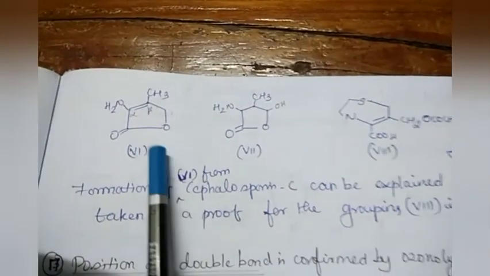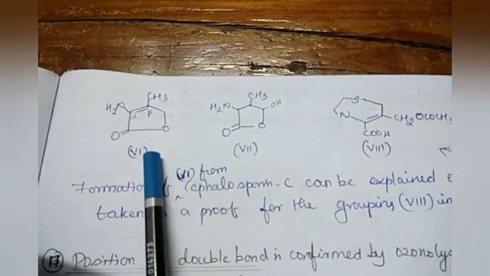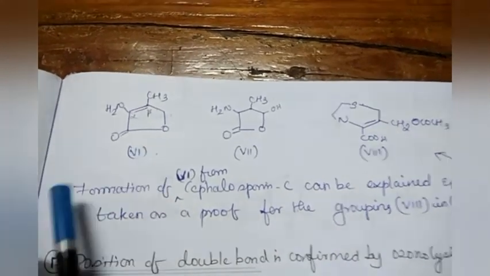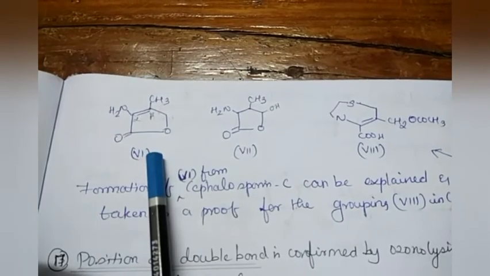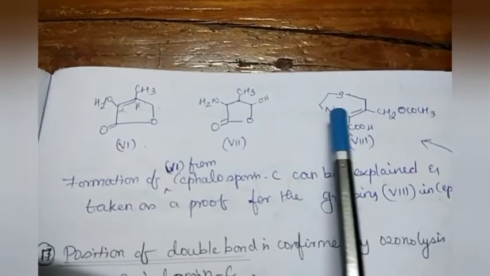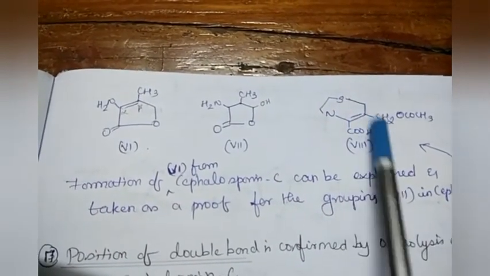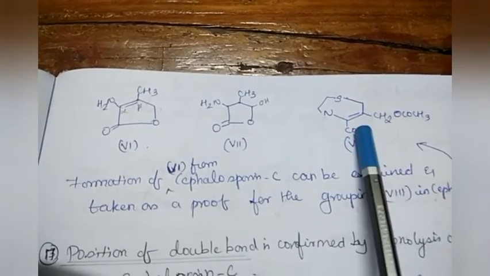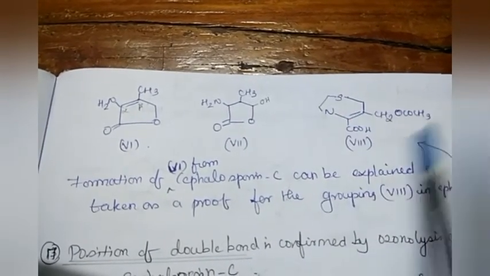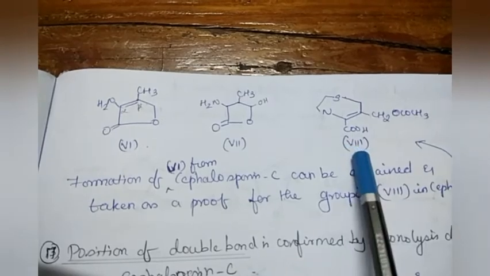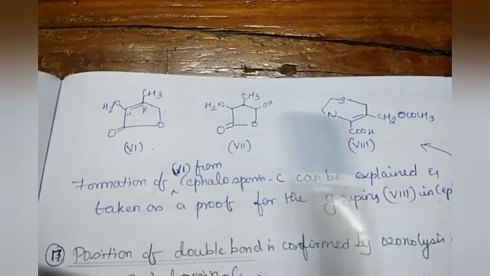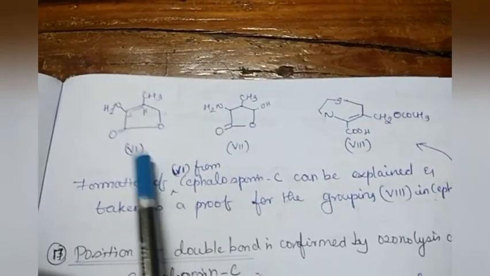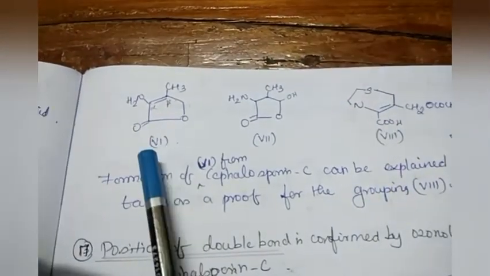Formation of this compound from cephalosporin C can be taken as proof for this group in cephalosporin C. The presence of this group in cephalosporin C can be explained by the formation of this compound, alpha amino beta methyl butenolide.